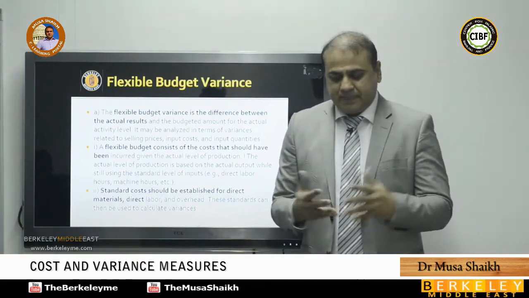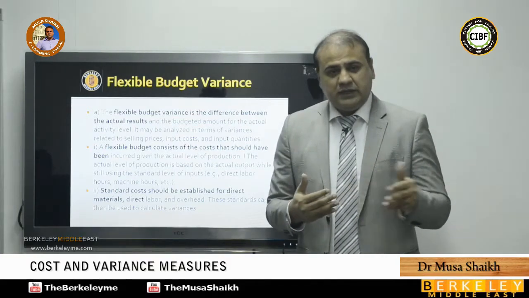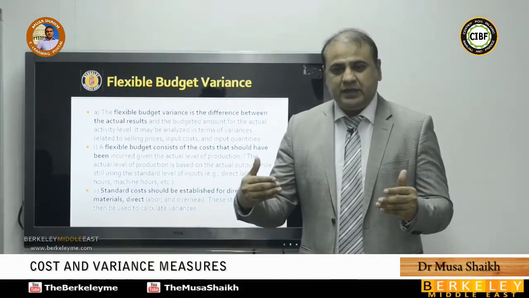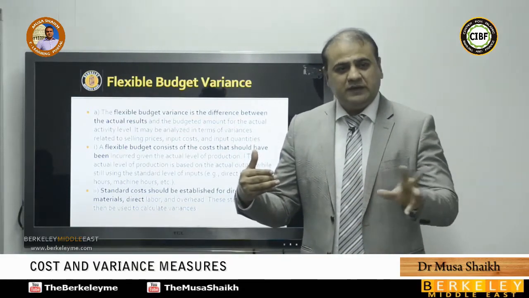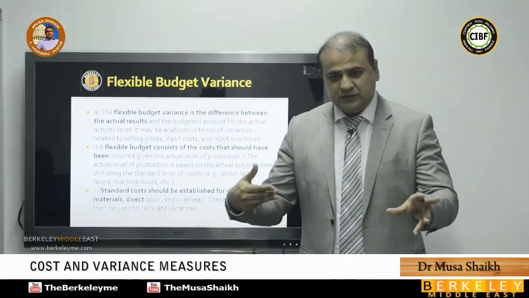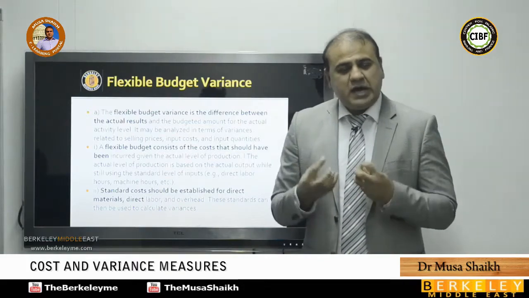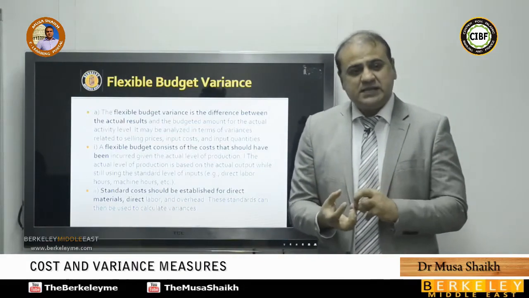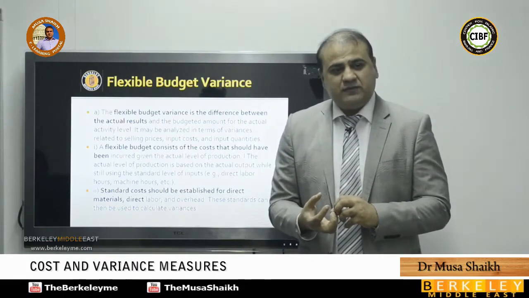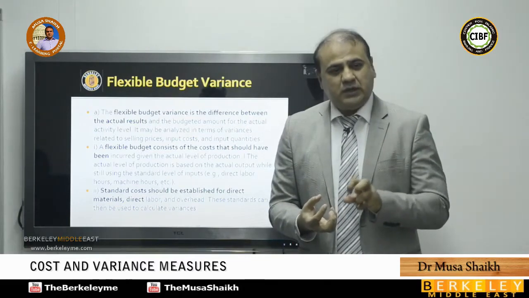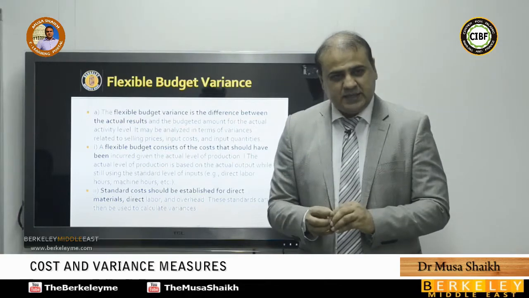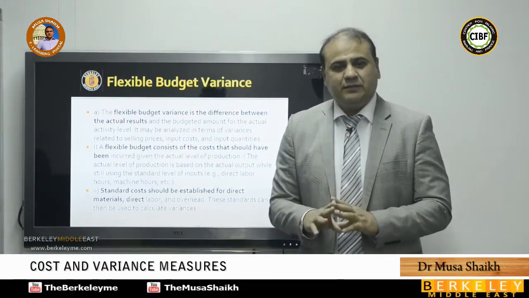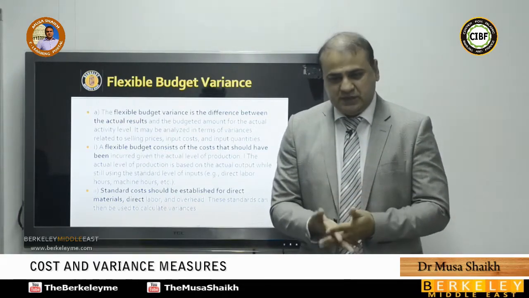For example, I make a budget for 1 year and I want to compare it after 1 month. Ideally, I cannot compare 12 months of activity with 1 month because it's not logical. So I have to do this flexing, which means I take the actual quantity and compare it with the standards that I set. That is called flexing or flexible budgeting.